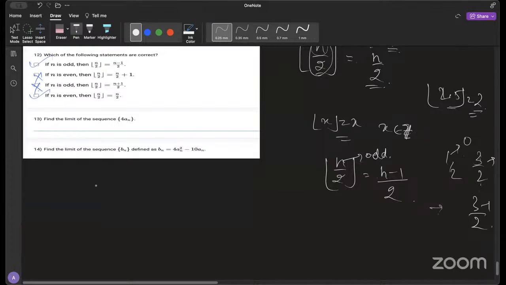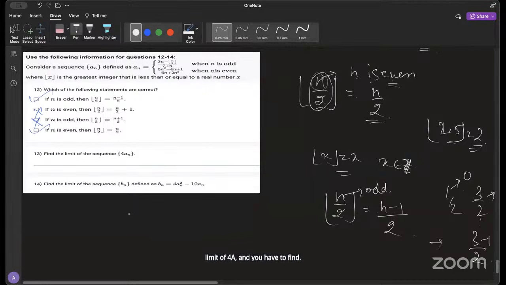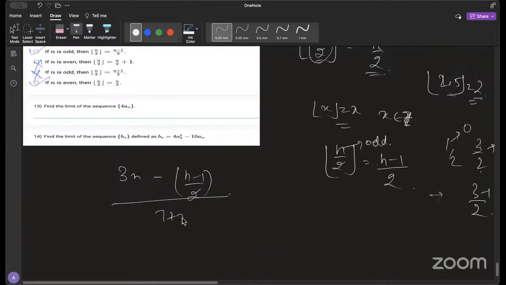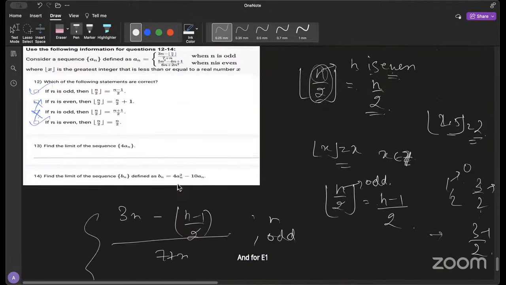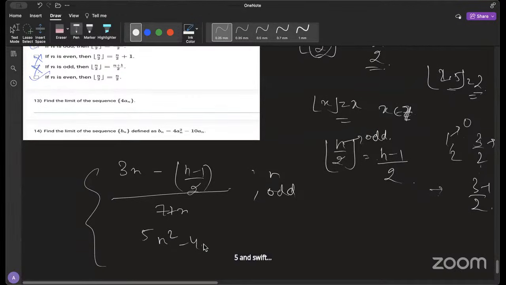Then coming to this one, the limit of a_n you have to find. Your a_n is this. Because we know the floor of n by 2 for odd n is n minus 1 by 2, you can replace it with this, by 7 plus n, for odd n, and for even n we have 5n square minus 4n plus 1.